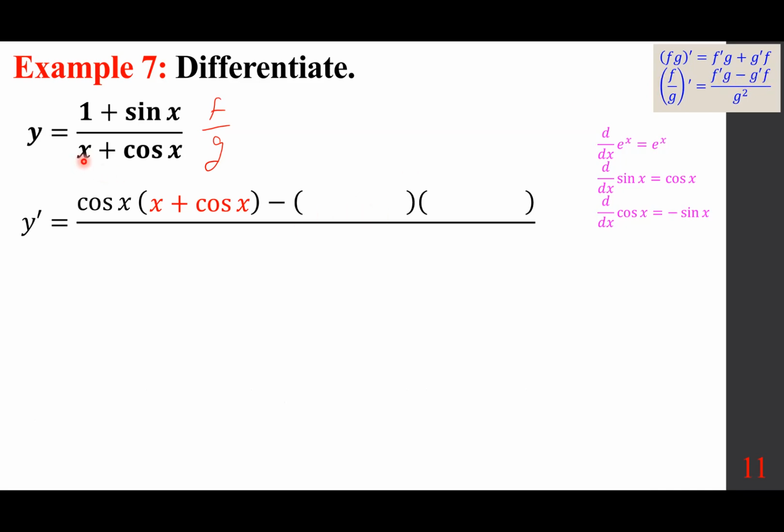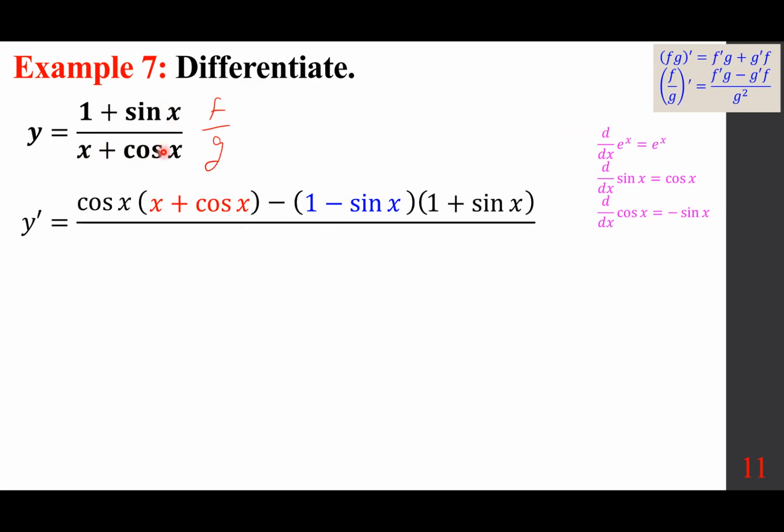So the derivative of x is 1, plus the derivative of cosine is negative sine. So it's 1 minus sine x, times f, just times the top, 1 plus sine x.